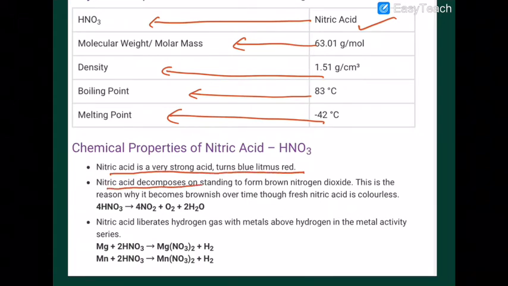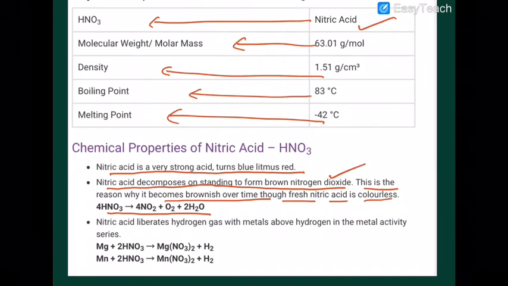Nitric acid decomposes on standing to form brown nitrogen dioxide gas. This is the reason why it becomes brownish when it is kept in a glass container and left for many days. Due to decomposition, HNO3 decomposes to NO2, oxygen and H2O.